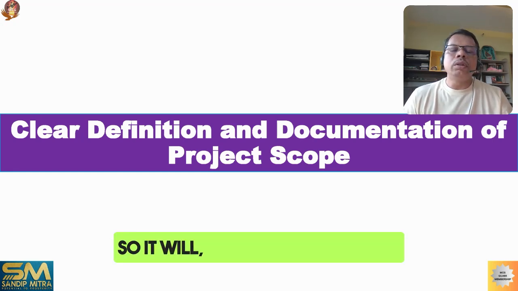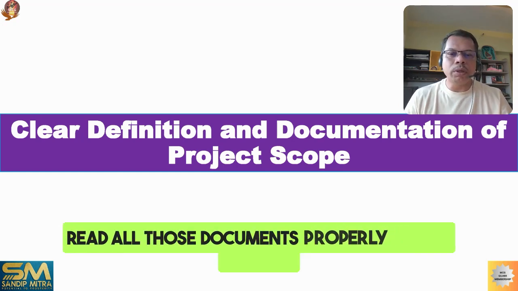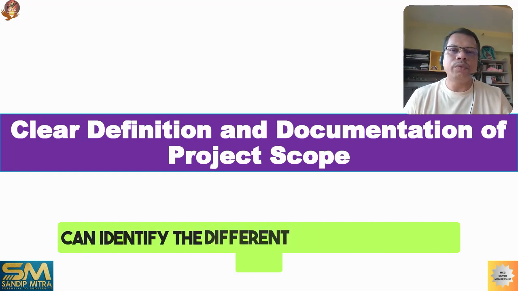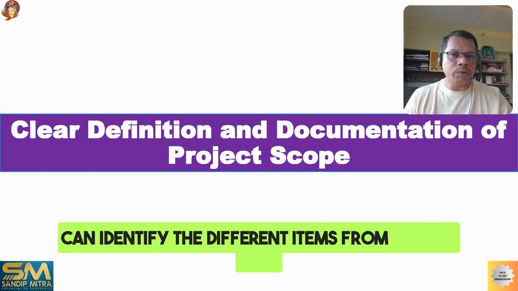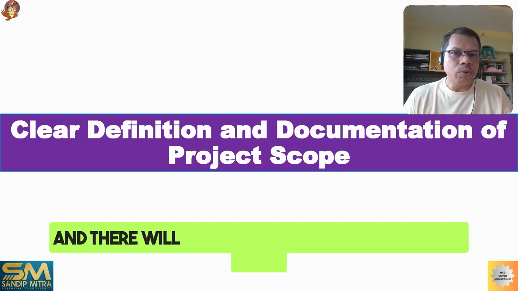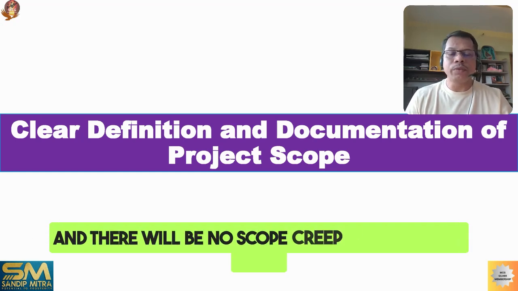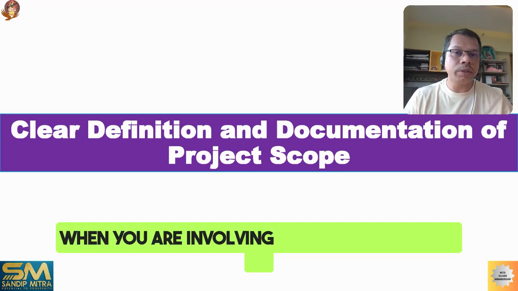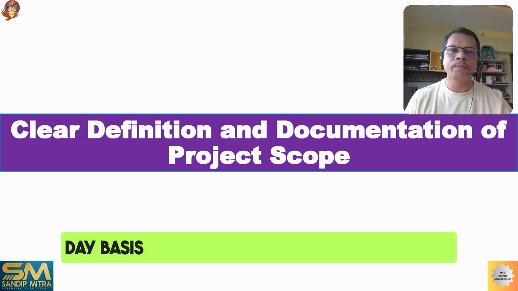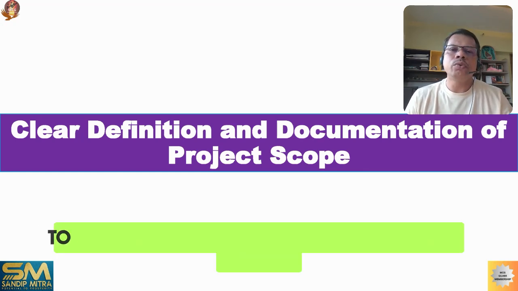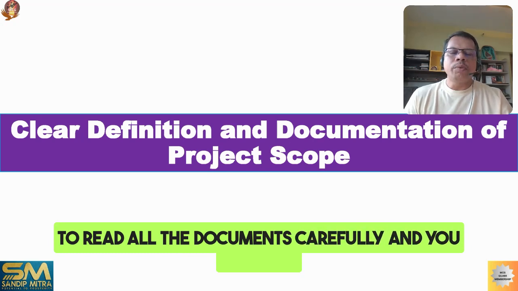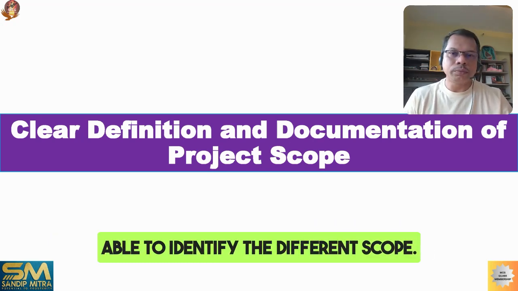So it will help you if you read all those documents properly, so that you can identify the different items from day one, and there will be no scope creep. Because at a later stage, when you are involved in the project on a day-to-day basis, it will be very difficult to read all the documents carefully, and you will not be able to identify the different scope.